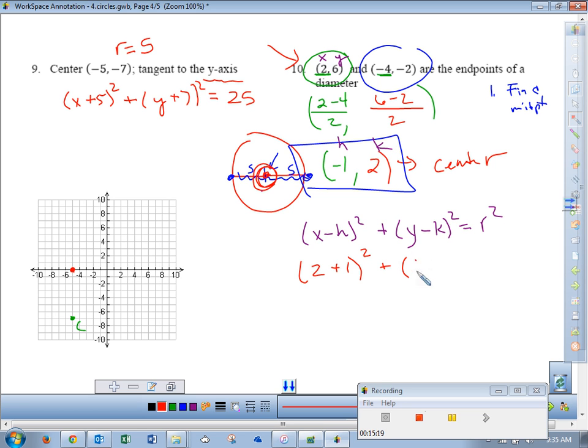Y, I'm using 6, minus k, which is 2, equals r squared. Cool with what I did? Okay. 3 squared is 9. 4 squared is 16. That equals r squared. So r squared equals 25. You can mentally figure out that the radius is 5. But you really don't need the radius. You need the radius squared. So write your actual formula.